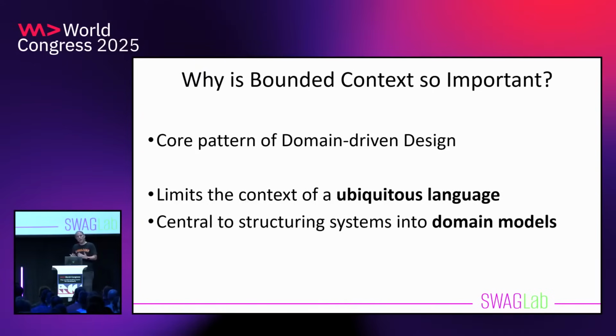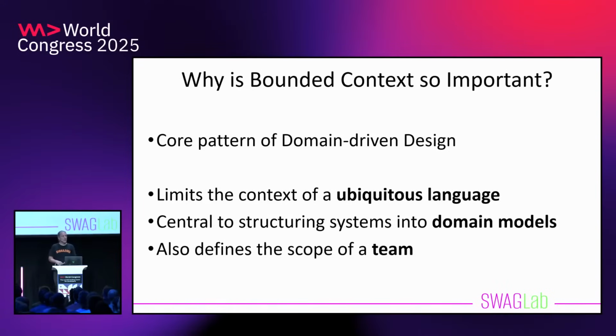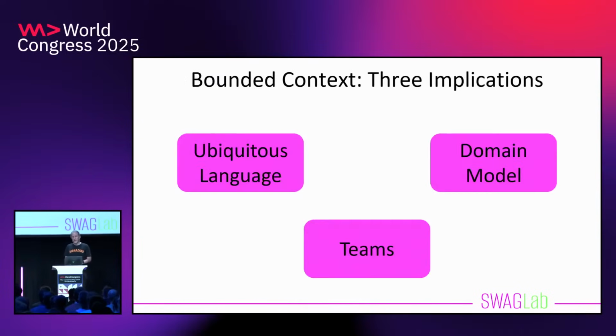It is a way to build specific models for the domain, but it's also supposed to be the scope of a team. So that's the third thing that this is supposed to be. So actually it's three things: the ubiquitous language, the domain model, and the teams. And I want to go through these three different aspects.